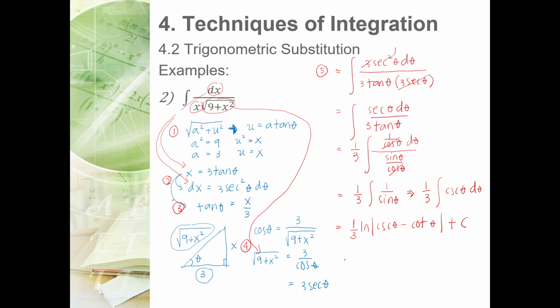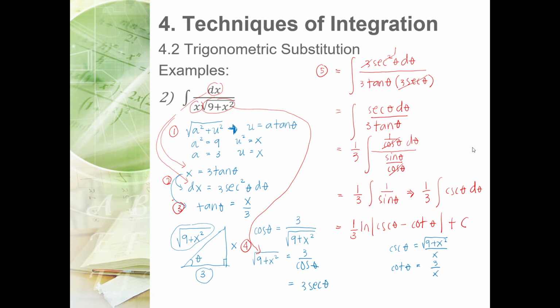All right. So again, let's use the triangle from the sixth step. Cosecant theta is hypotenuse all over the opposite side, so this would give us the square root of 9 plus x squared all over x. For cotangent theta, that would be adjacent side all over the opposite side, which is 3 over x.